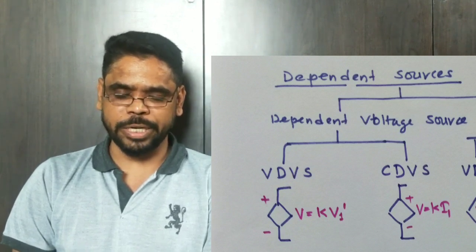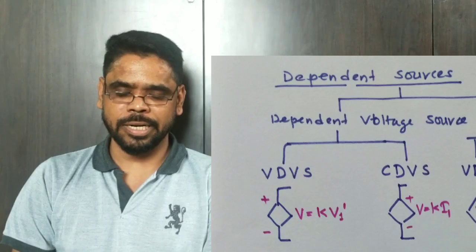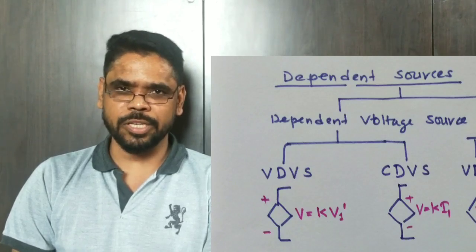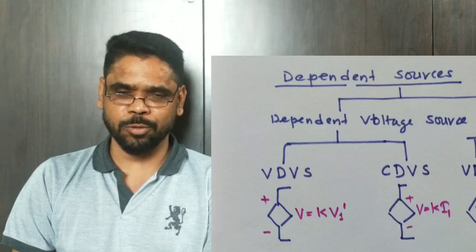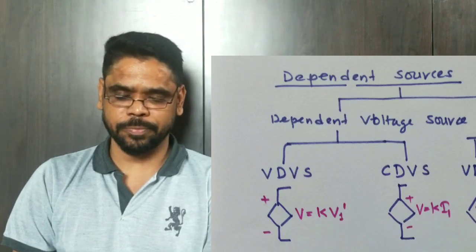V is the potential of the voltage dependent voltage source, shown by the letters VDVS, where potential V is K times V1. So the potential depends on voltage V1 somewhere inside the network.